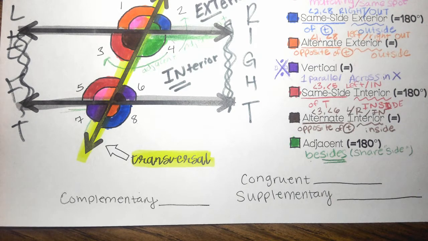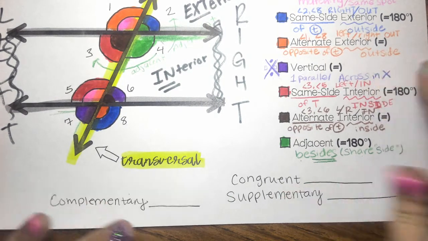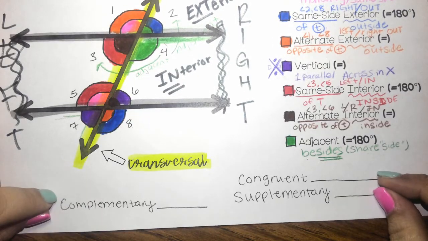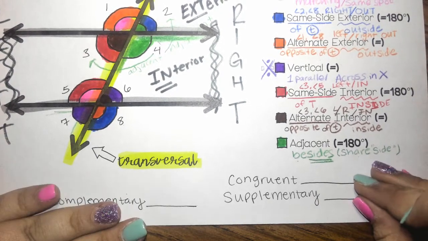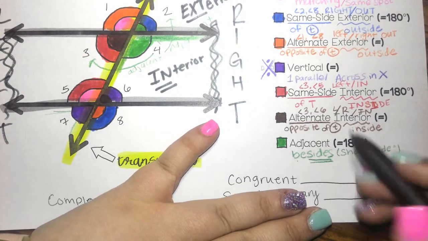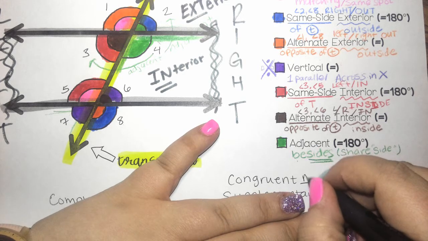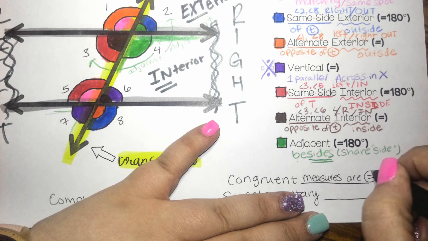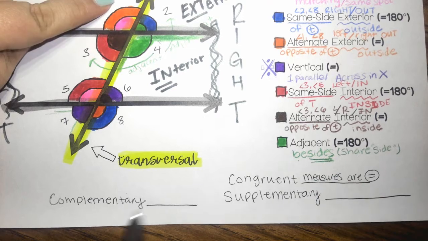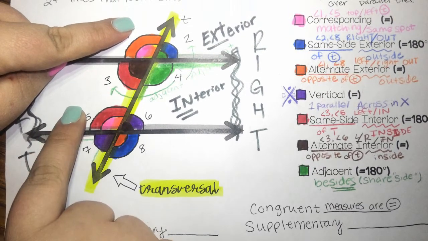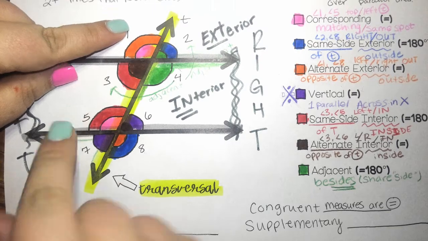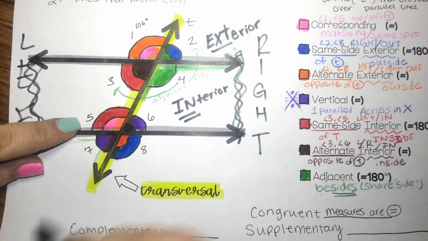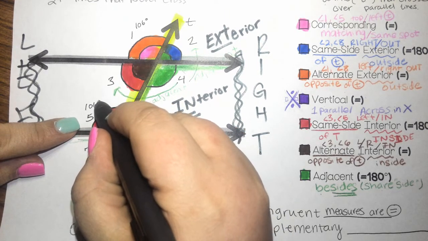The last thing I want to talk about should go fairly quickly. Just 3 more vocabulary words. This talks about specifically the measurement between angle relationships. So if two angles are congruent, that means that their measures are equal. If I say angle 1 is congruent to angle 5, and I then told you angle 1 was maybe, let's go 106 degrees, then angle 5 would also be 106 degrees.